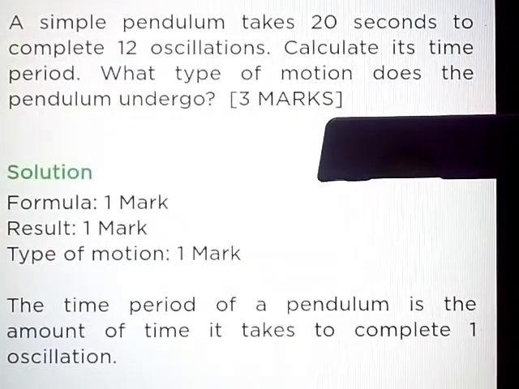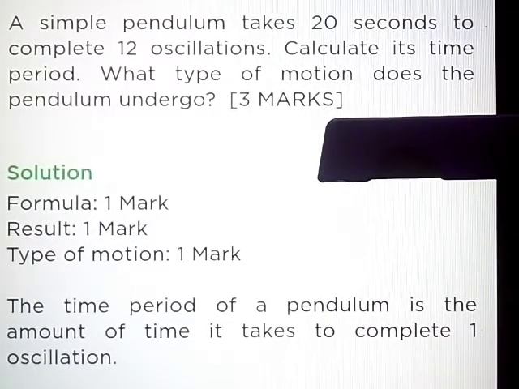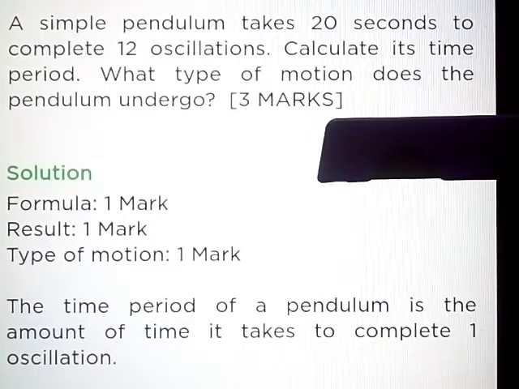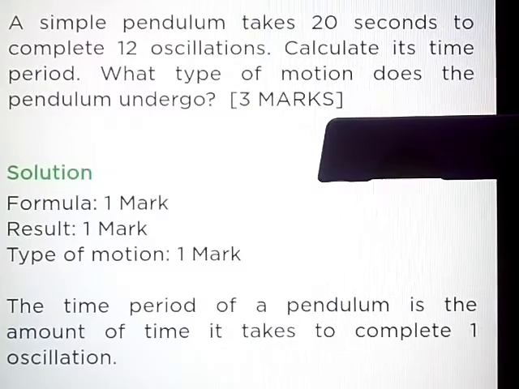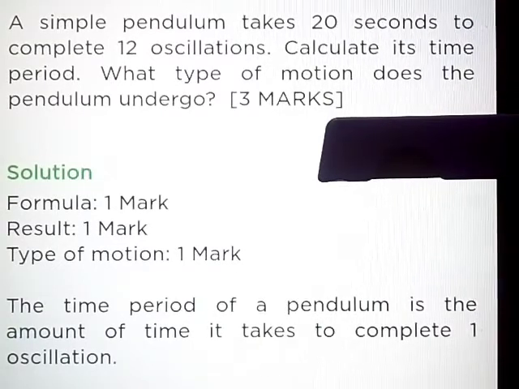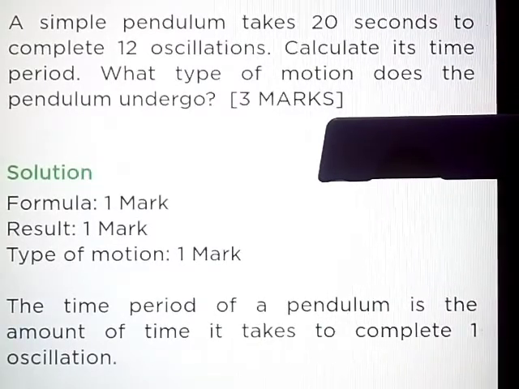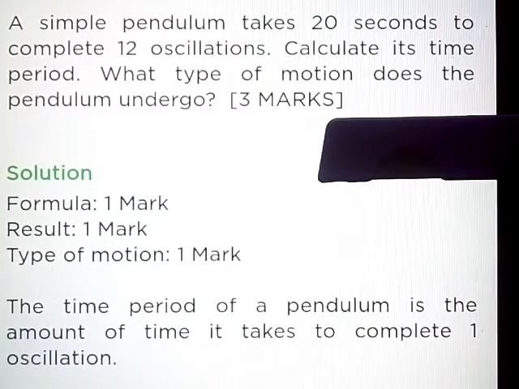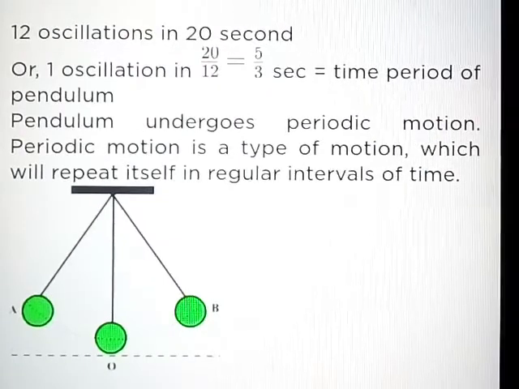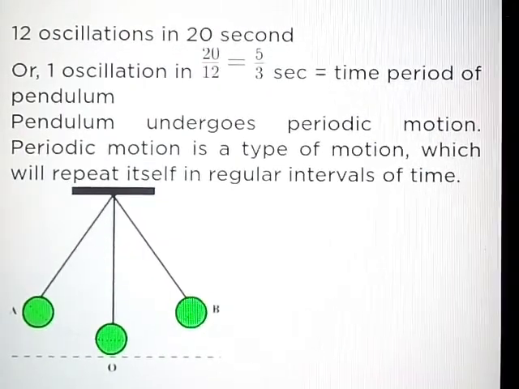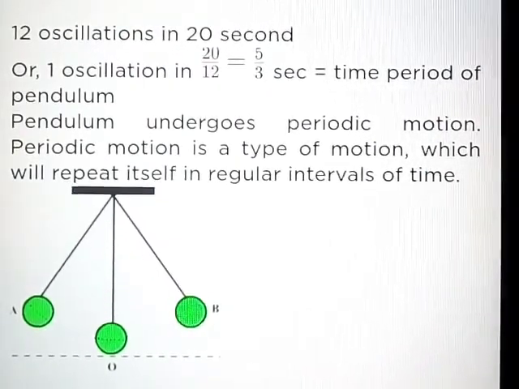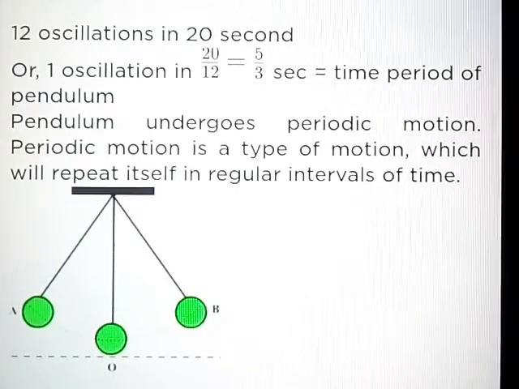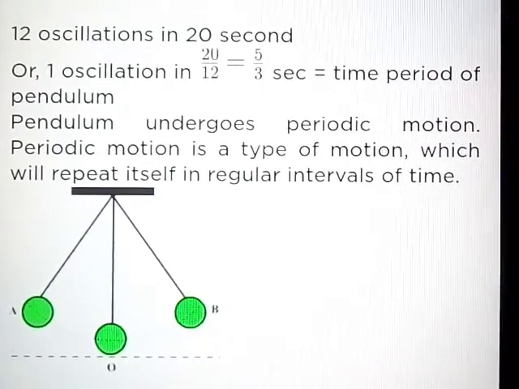Question number 6. A simple pendulum takes 20 seconds to complete 12 oscillations. Calculate its time period. What type of motion does the pendulum undergo? Answer. The time period of a pendulum is the amount of time it takes to complete one oscillation. 12 oscillations in 20 seconds, or one oscillation in 20 upon 12, is equal to 5 upon 3 seconds.